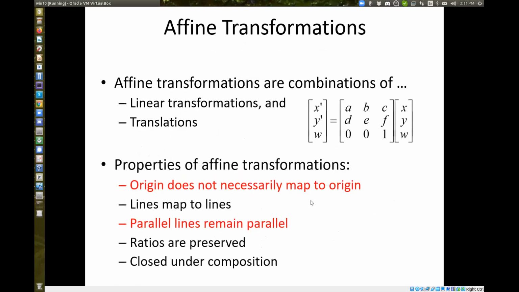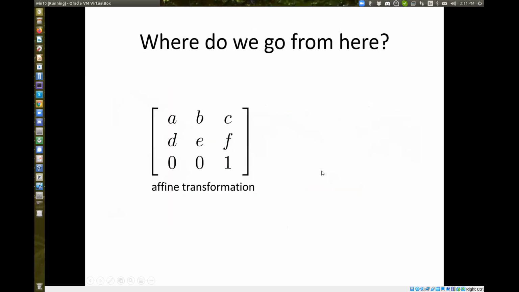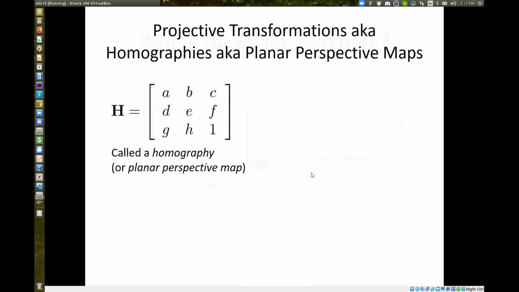And one thing we mentioned: with an affine transform, if lines are parallel, they will remain parallel. So therefore, this will not be an affine transform, right? So we generalize that into the homography.